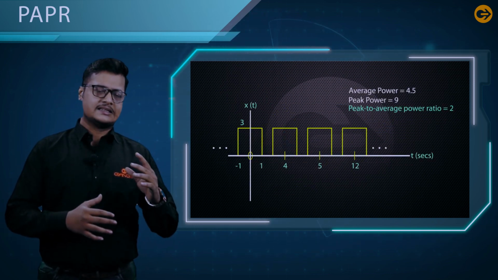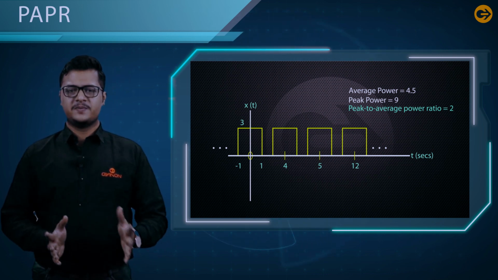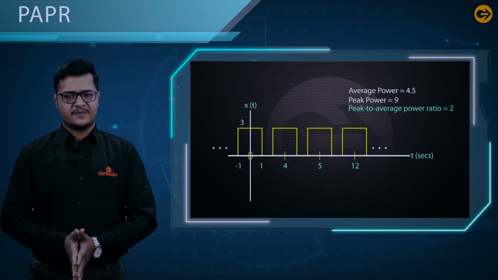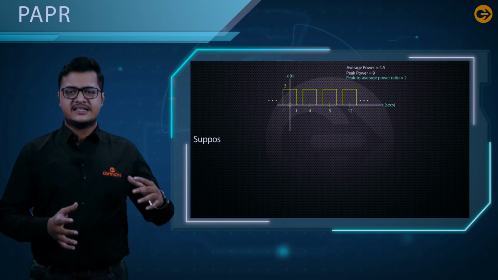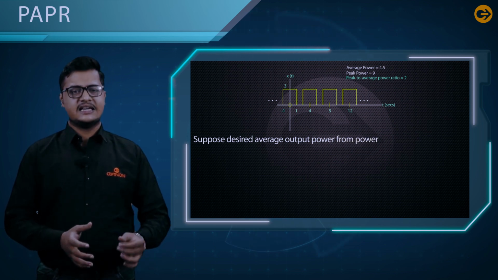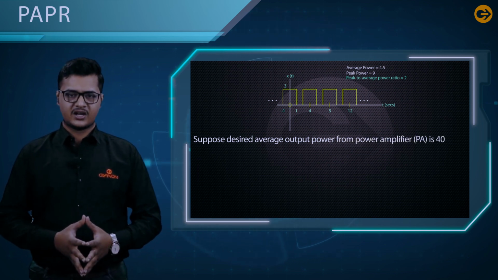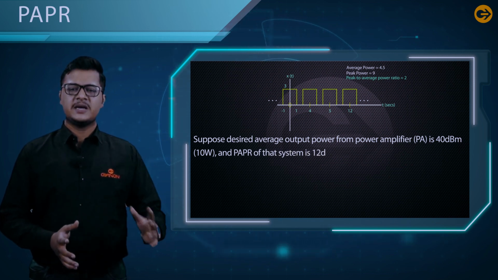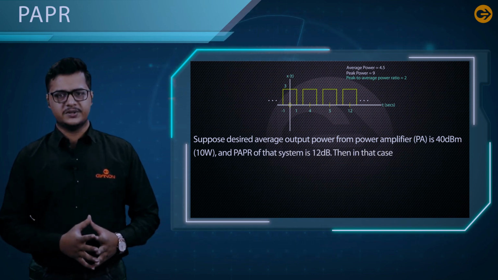Now, let's discuss how large PAPR affects the power amplifier. Let's start with an example and suppose the desired average output power from the power amplifier, PA, is 40 dBm. That is also we can calculate as 10 watts. And PAPR of that system is 12 dB.